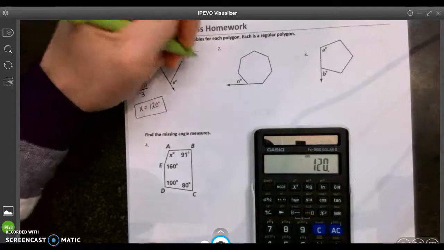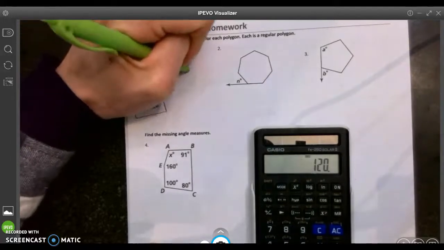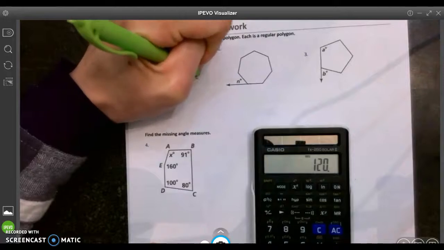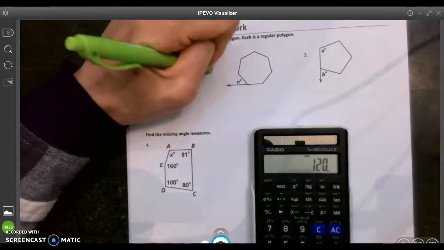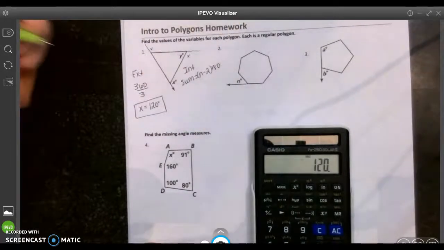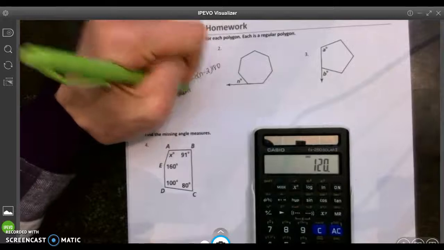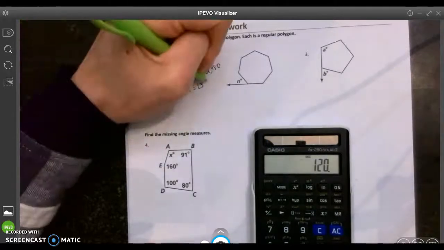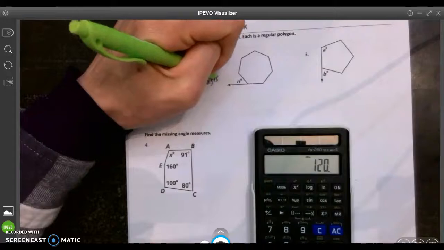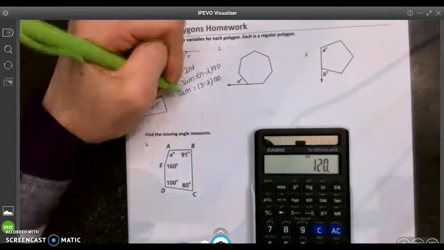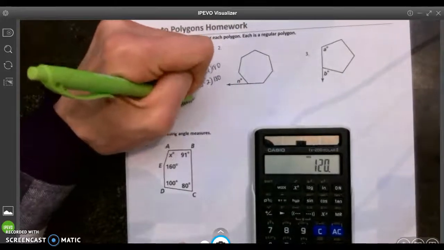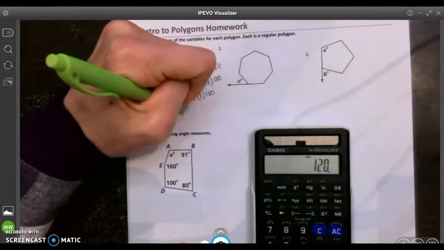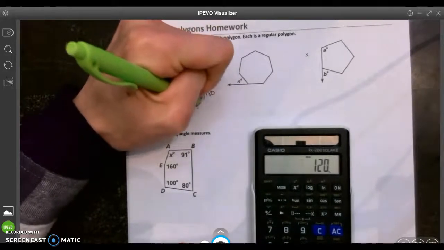For an interior angle, I want to take sum equals n minus 2 times 180. So sum equals, because n is the number of sides, 3 minus 2 times 180. 3 minus 2 is 1 times 180, so the sum is 180.